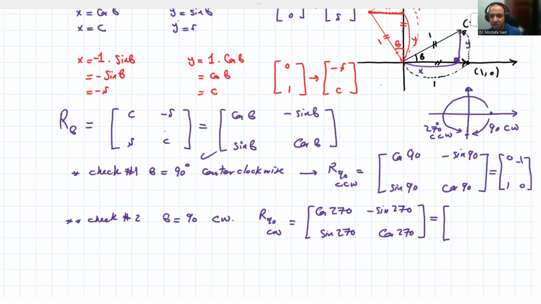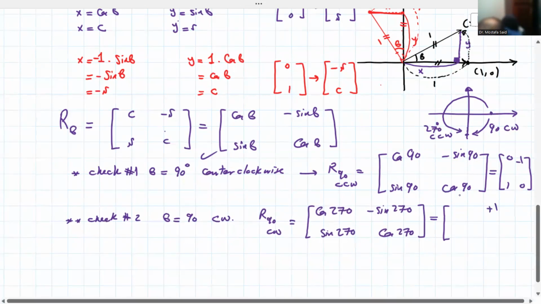Let's find a sine, cosine calculator website, should be easy. We need sine 270. That's minus 1. So minus minus 1 will be positive, so this is positive 1.